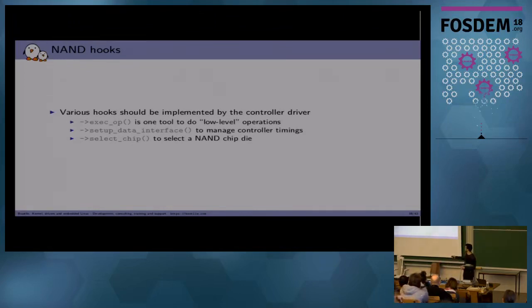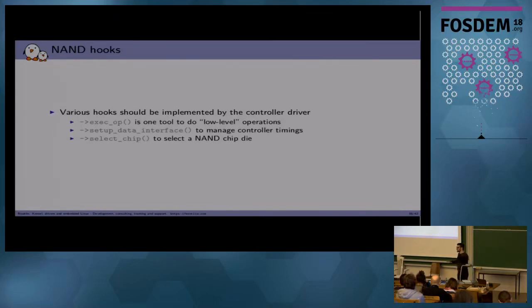and this is handled by the setup data interface. So you give a data interface, and first the controller driver will have to return whether or not it can be handled by this controller, and if it can, it will have to configure the controller to use this kind of timing for this chip.